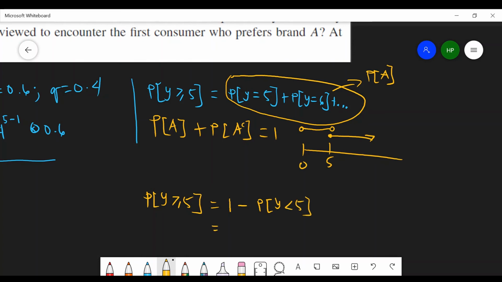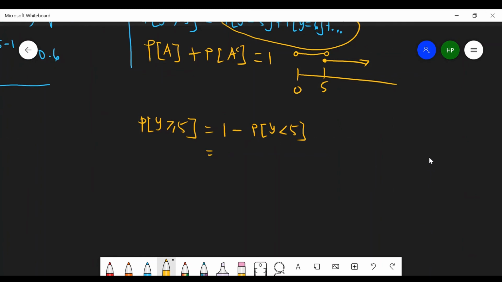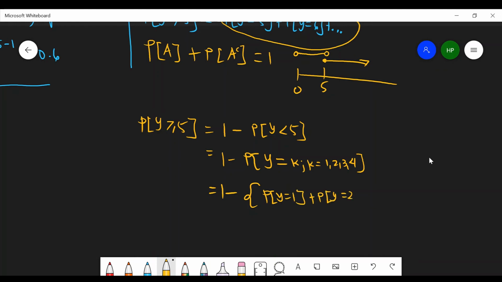And this is equal to 1 minus probability of Y equals k, k equals 1, 2, 3, 4. Tama? Equals 1 minus probability of Y equals 1 plus probability of Y equals 2 plus probability of Y equals 3 plus probability of Y equals 4.